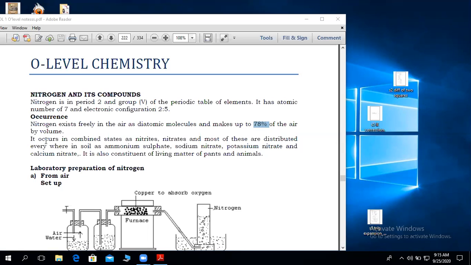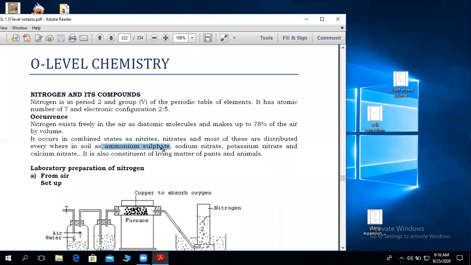So it occurs also in other compounds. We have compounds which contain nitrogen, for example, nitrates, nitrites. So it occurs in combined states as nitrates, and most of these are distributed everywhere in soil, such as ammonium phosphate.